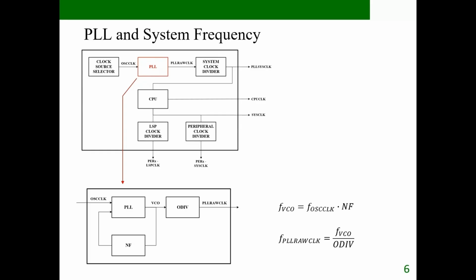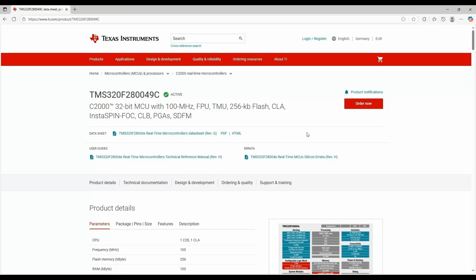Let's now open the datasheet and see where we can find those limit values for our clock frequencies for the F280049C device. On this link, you can find the information connected to the F280049C microcontroller. Here you can find the PDF for the datasheet.